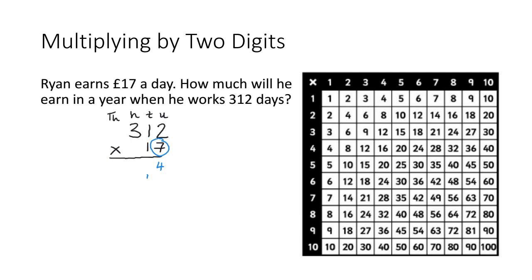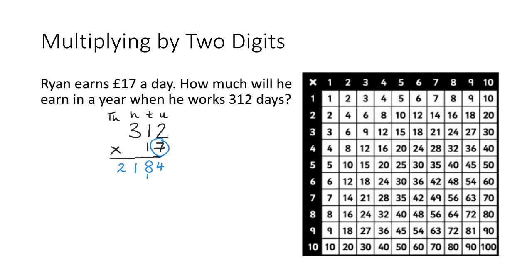If you don't, maybe an idea to write it out again. Then I'm going to do 7 multiplied by 1, which is 7. I've got the 1 that I carried over, so I'm going to add that on, and that gives me 8. And then, last but not least, 7 times 3, which is going to give me 21. And I don't carry that over because there's nothing that comes after the 3. And that's the first step complete.